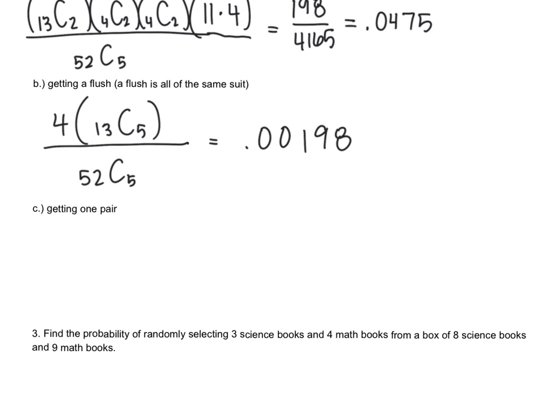And then we want to talk about getting 1 pair. So getting one pair is going to start very similar to getting two pairs. So this time though, of my 13 cards in each suit, I only need one of them to match. So I'm going to start with 13 choose 1, which is just 13. And then I want 2 cards from 2 different suits. So 4 choose 2. So that accounts for my one pair. And then my remaining 3 cards can be any of the 12 other cards.